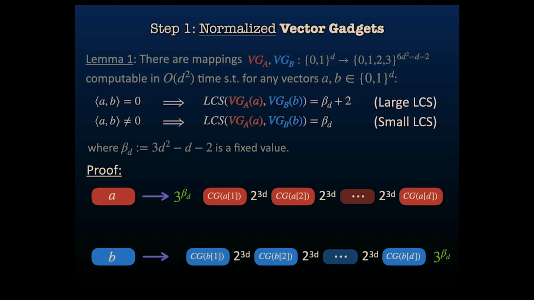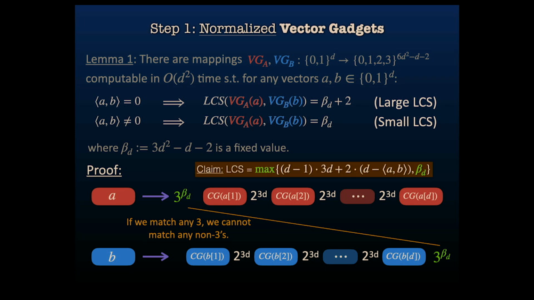So you can either get the beta, or you don't match 3s, and then you match the gadgets, and it's up to you. Maybe you get beta plus 2, maybe you get something less, but you can always get beta if you want it. So you get this threshold. So then the LCS is the max of either beta or that thing we had before. And we got the length.